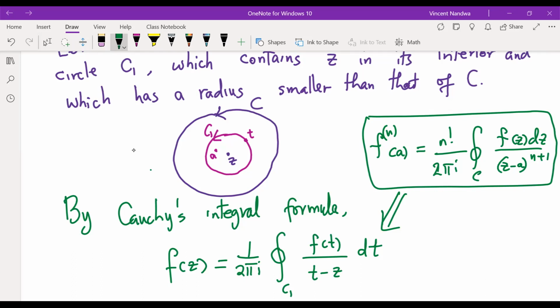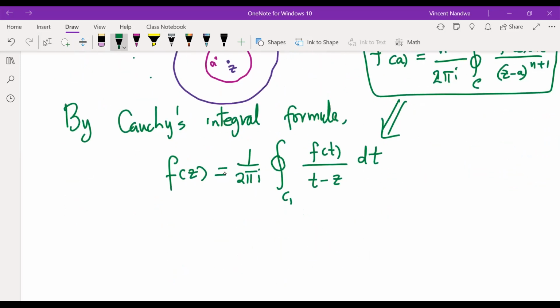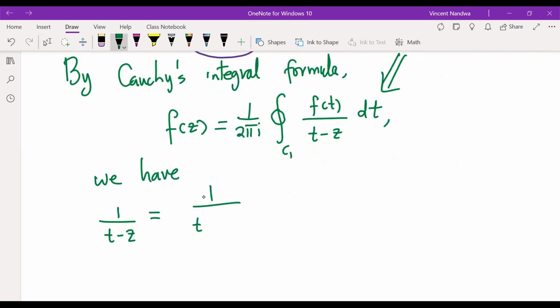Now, carrying out integration along C1, that's why the variable here is t, we have this fraction 1 over t minus z. We can write it as 1 over t, and I want now to introduce the a into this expression. So I can smartly write this as t minus a, and then minus z, and then plus a.